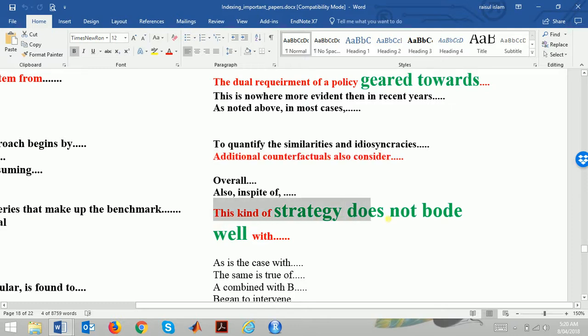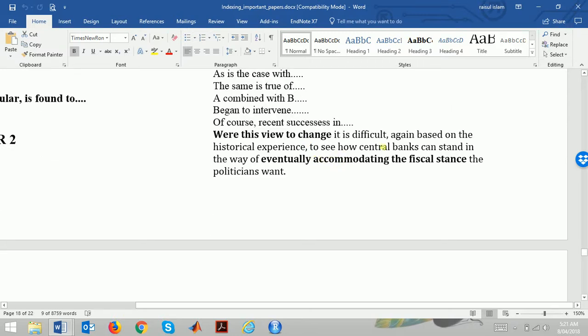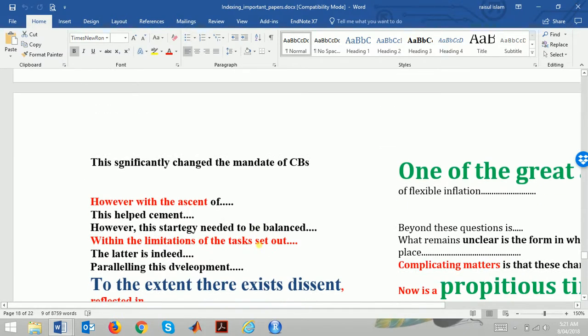Overall, also in spite of this kind of strategy does not bode well with, as is the case with, the same is true of a combination combined with B began to intervene. Of course, recent successes in where this view to change, it is difficult again based on the historical experience to see how central banks can stand in the way of eventually accommodating the fiscal stance the politicians want. This significantly changed the mandate of central banks.